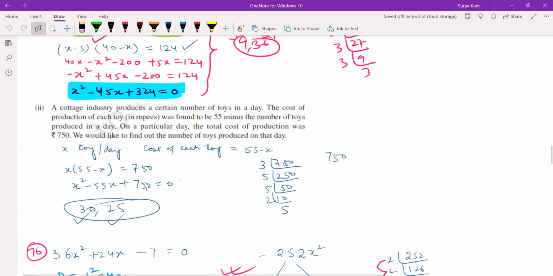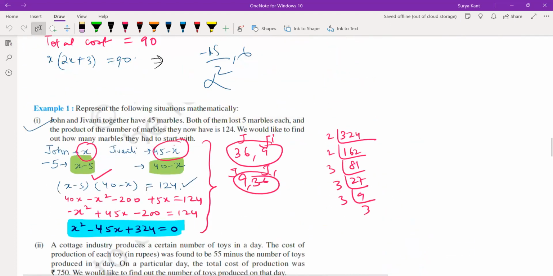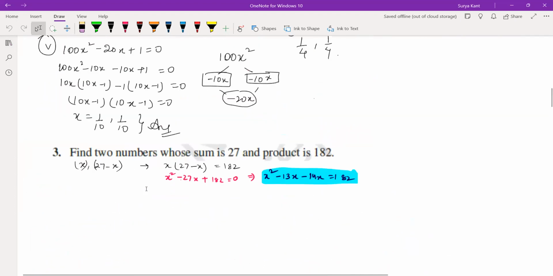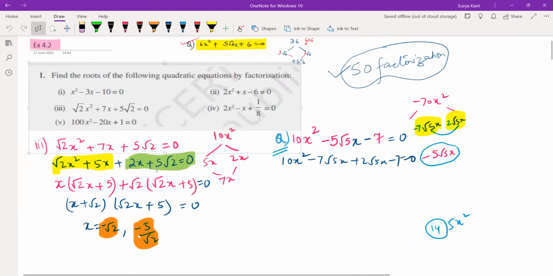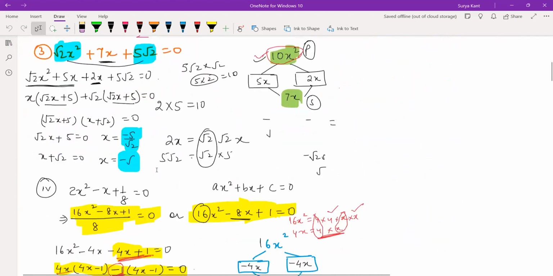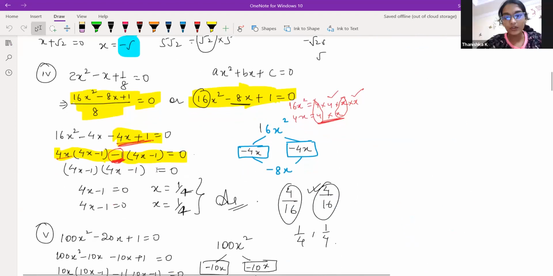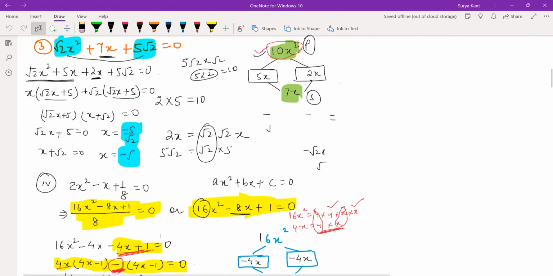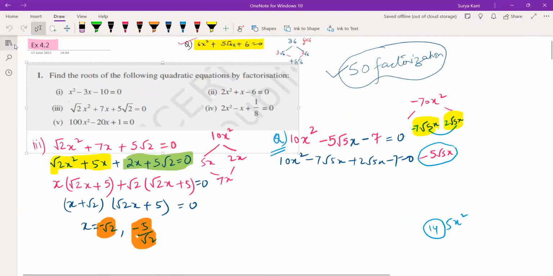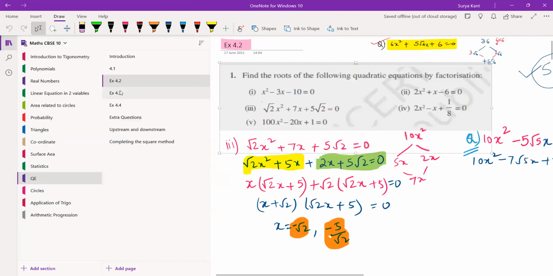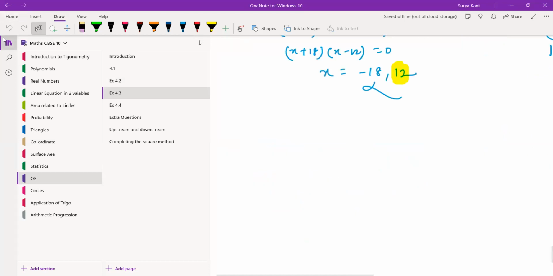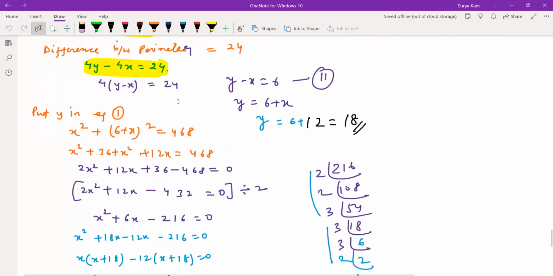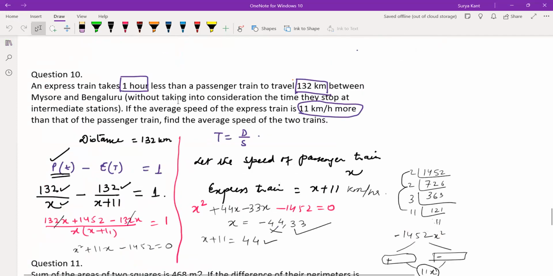So this quick exercise you can do. The cottage industry one you have done. Exercise 4.2, did all of you finish? No, sir. So you can do the 4.2 questions now, then 4.3. What is there in 4.3? Yeah, 4.3 also is word problems.